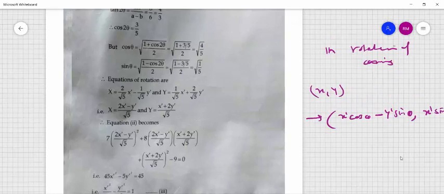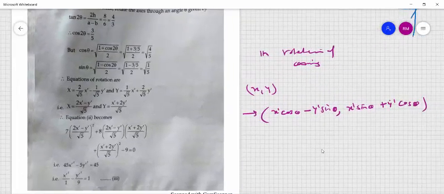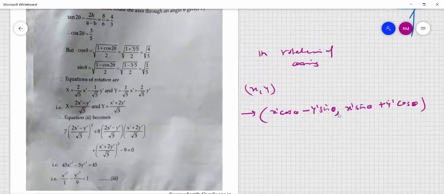So that's why we needed cos and sin theta. So how can we obtain cos theta and sin theta?